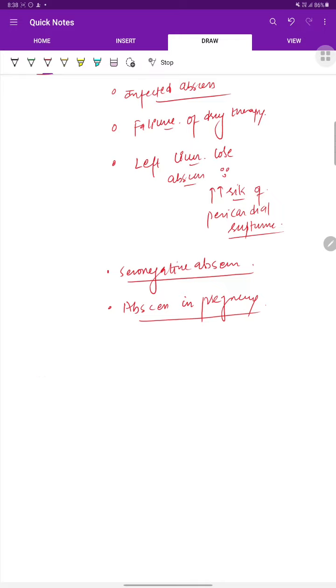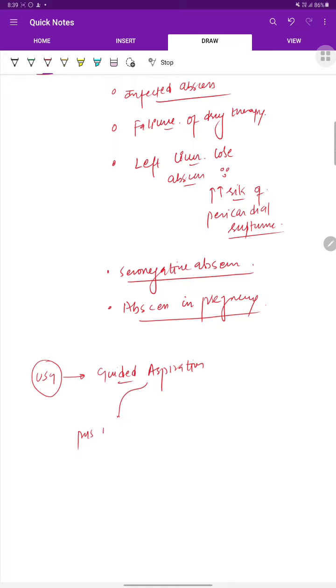What we do is USG guided. Everyone knows. Under the USG guidance, we take a wide bore needle and we aspirate. Before that we confirm the PTINR of the patient. If it is deranged, we give vitamin K IV or FFP. So USG guided aspiration.